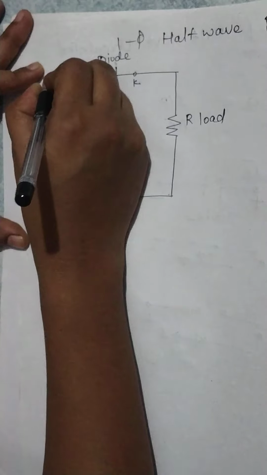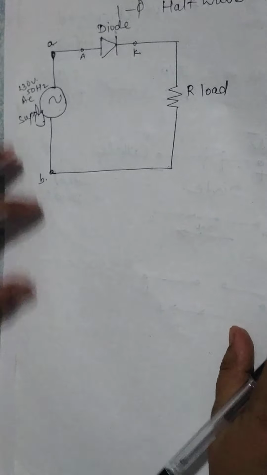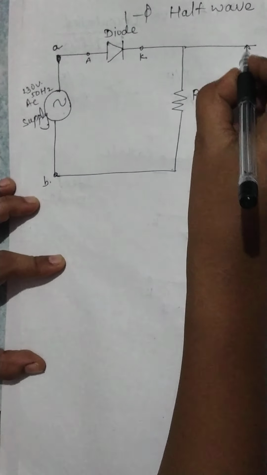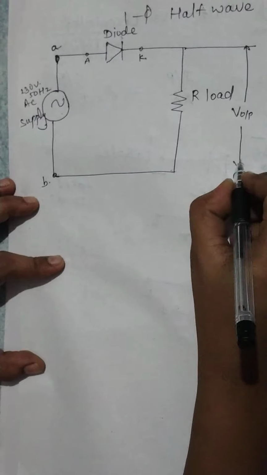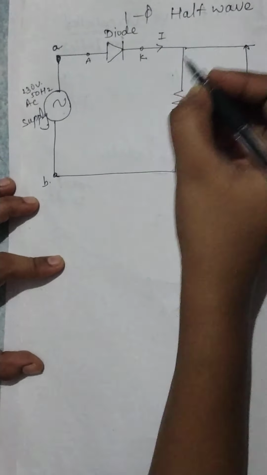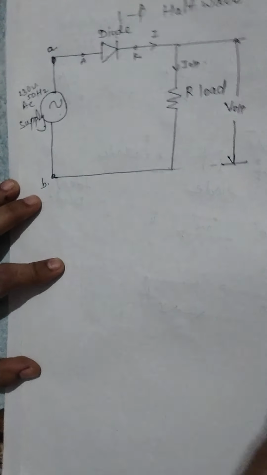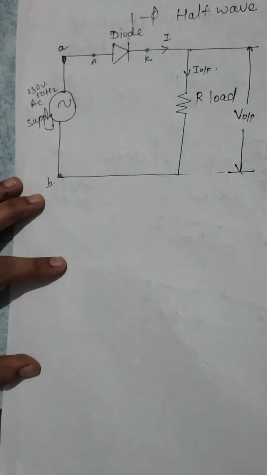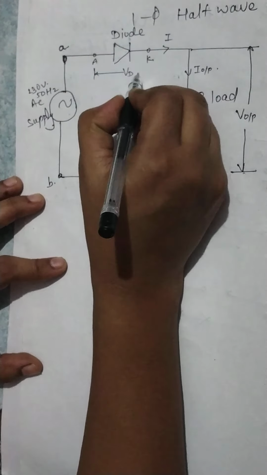I will name them A point and B point. This is the load and voltage across load is V output. Current passing is I output, right? And this is the diode, and voltage across diode is VD.